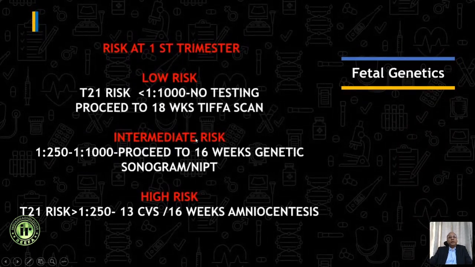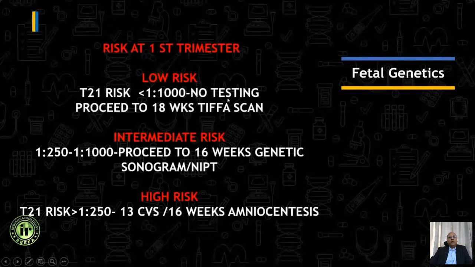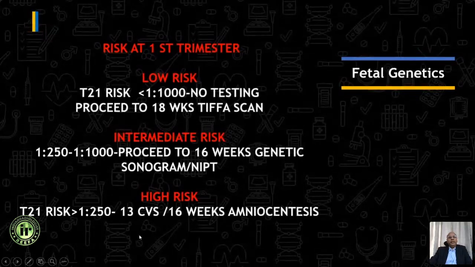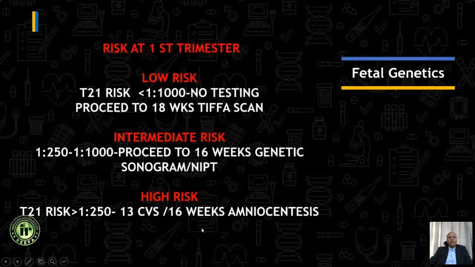When the risk for the fetus comes as less than 1 in 1,000, we call it low risk and no more testing is required. We can proceed to an 18-week TIFFA scan. When the risk comes as high risk, which is more than 1 in 250, then we need to counsel for chorionic villus sampling, or we need to ask for a 16-week anomaly scan or TIFFA scan followed by an amniocentesis.